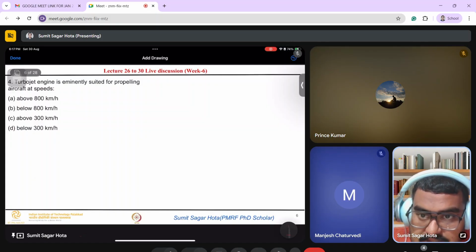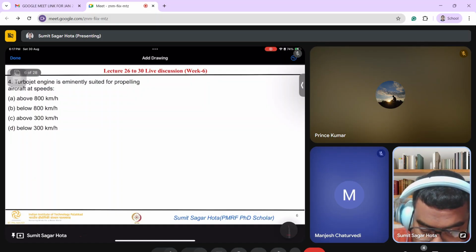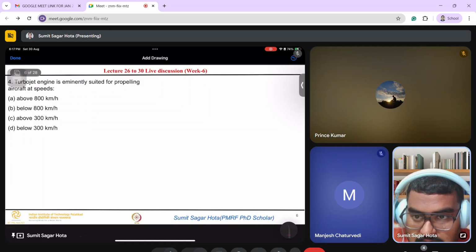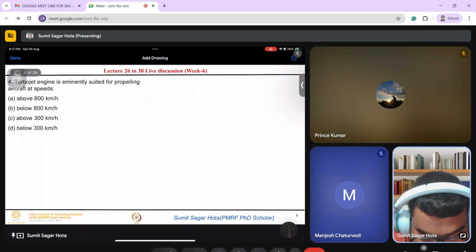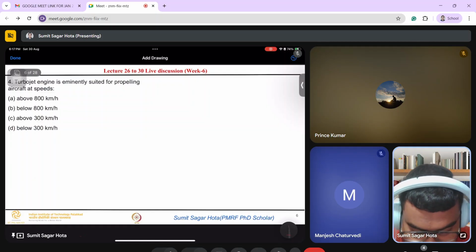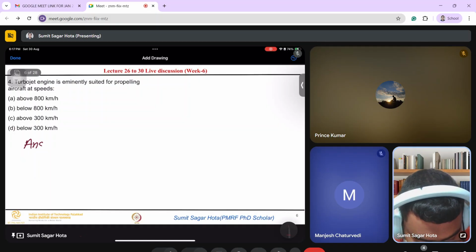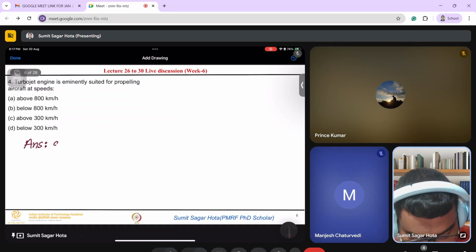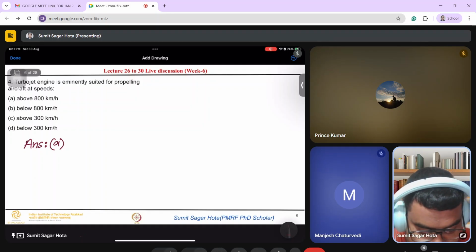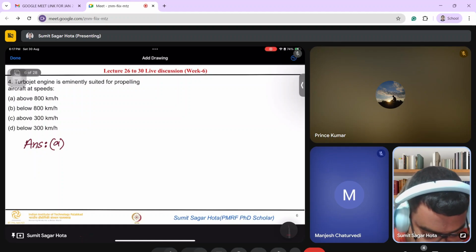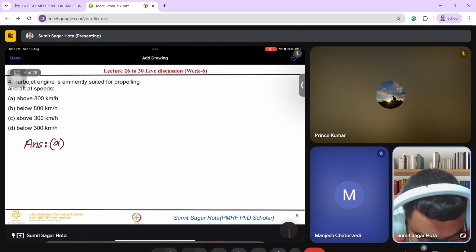The turbojet engine is eminently suited for propelling aircraft at what speed? It's nearly 800 km per hour for any kind of turbojet engine. In commercial aircraft, the optimal speed we actually operate at is some 700 km per hour, more or less the same speed.